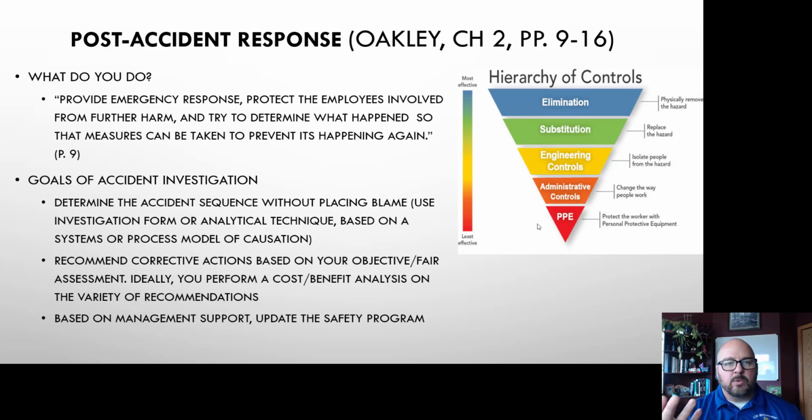For post-accident response, first we have to make sure that the worker gets the treatment they need. But the way in which we approach the accident investigation, I think that Oakley does a good job of describing it. The way I teach it is that you need to suspend your natural tendency to blame the worker for injuring themselves or for causing it.